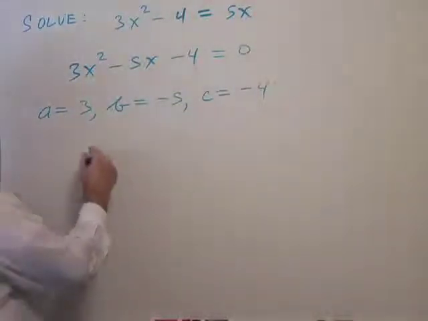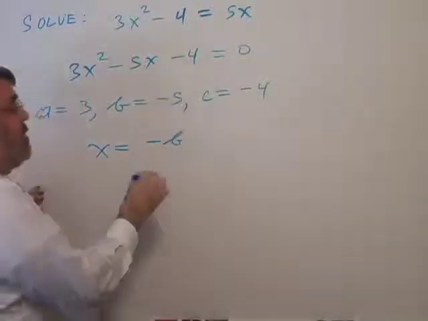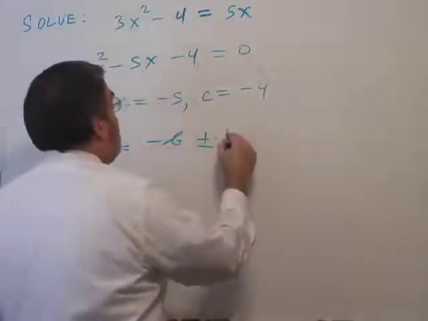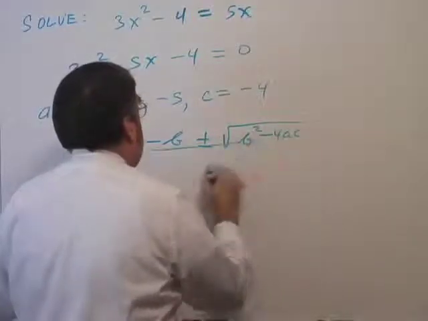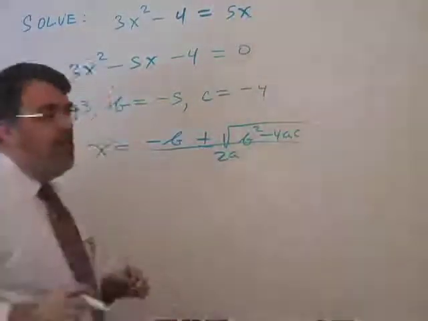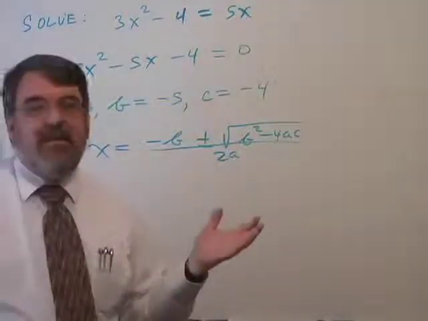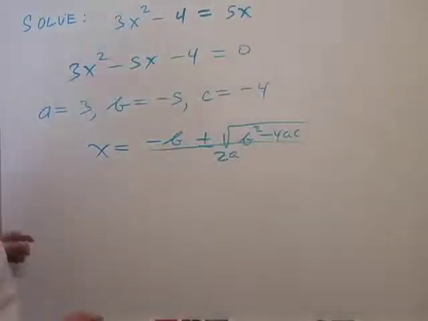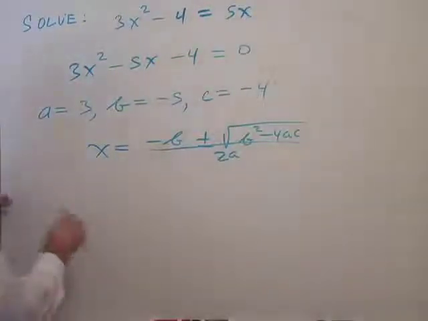And it's also helpful to write out the quadratic formula. So x is equal to minus b plus or minus the square root of b squared minus 4ac, over 2a. Write that out first, and then everything is in front of your face to plug in. And when you have things in front of your face, then there's just less chance of making a mistake.